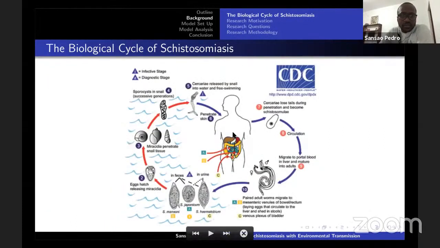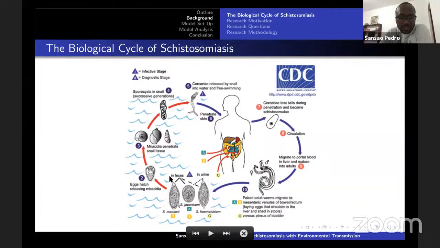In general, we can visualize the biological cycle in this way. Let's say it starts from the eggs that were released from an infected host, in that case humans.